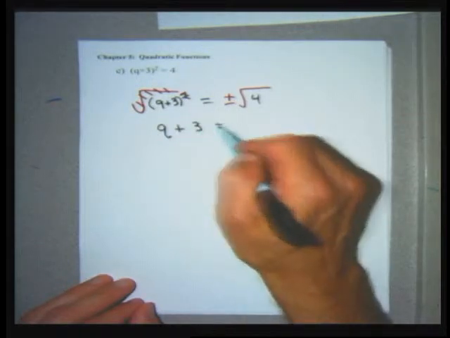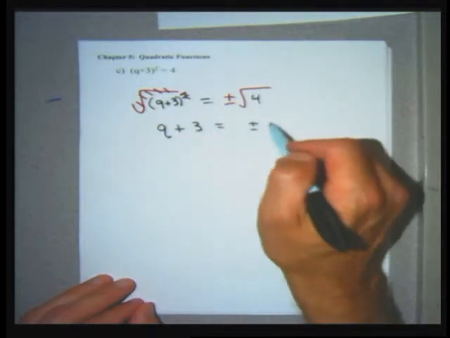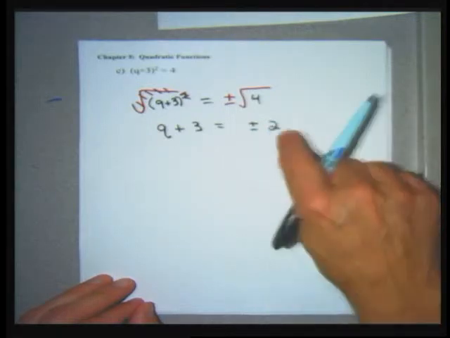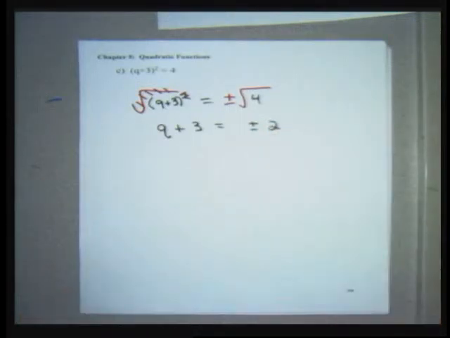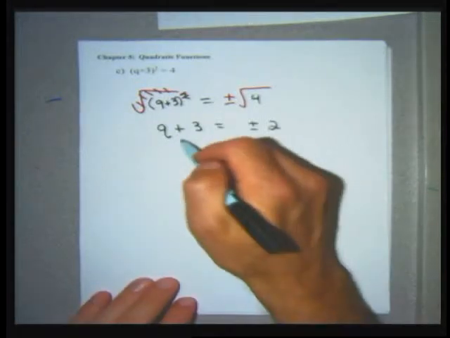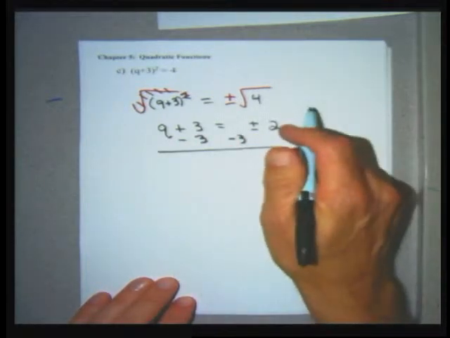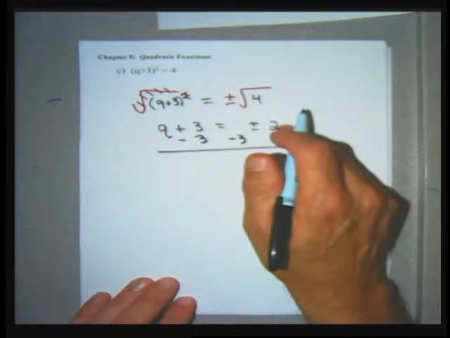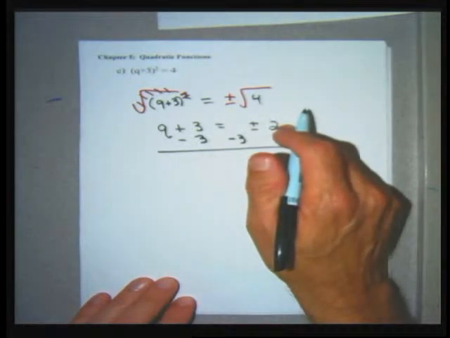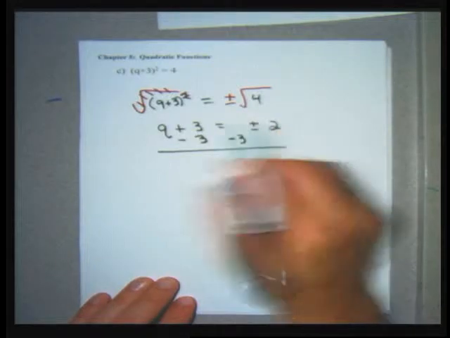And on the right side, the square root of 4 is 2. Because after the plus or minus sign there's not an i and there's not a square root, I'm going to expect to see 2 answers, and I won't expect to see a plus or minus sign in my answer. If after the plus or minus sign this 2 had an i, or if it had a square root, then I would leave the plus or minus sign in my answer.